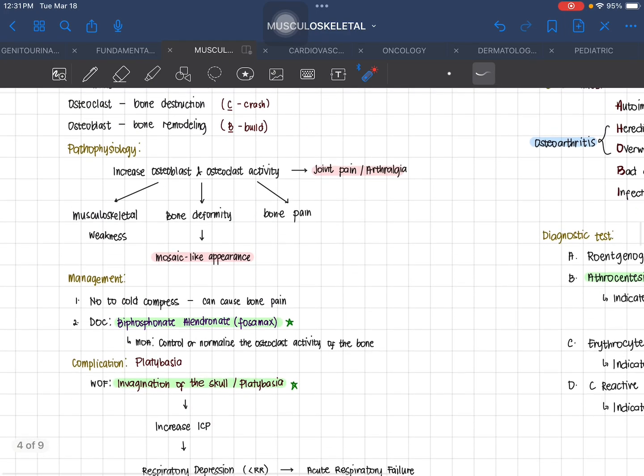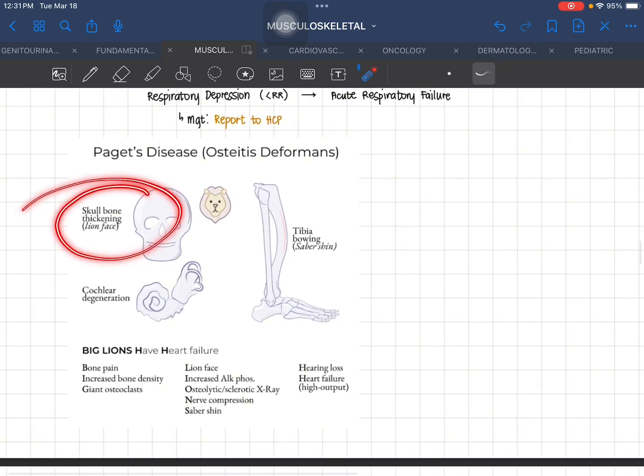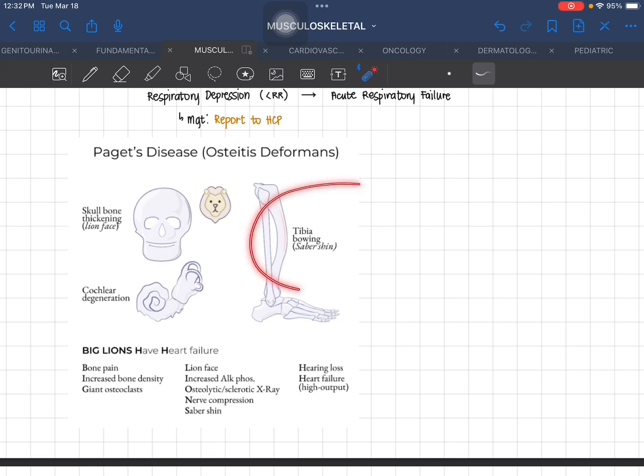Let's repeat this. There is skull bone thickening. Their skull bone thickens, so they have a lion face. Also, cochlear degeneration. They also have tibia bowing or saber-shin. What we haven't emphasized much is the heart failure.